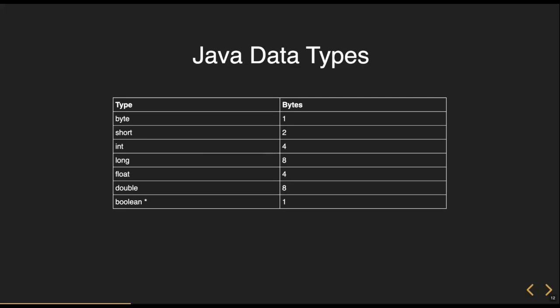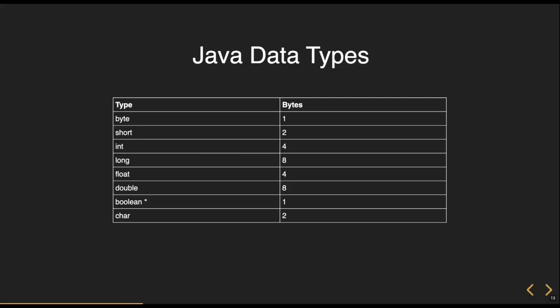There's actually a data structure in the standard libraries which does this for you, which is called a BitSet. If you're not familiar with it, it's generally not useful because this optimization is generally not needed. But anyways, I just put a little asterisk there because the Boolean can take up less than 1 byte in certain configurations.